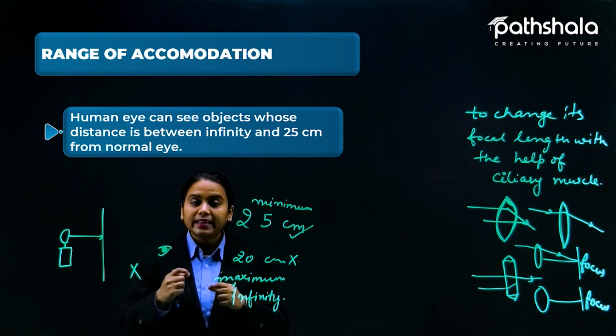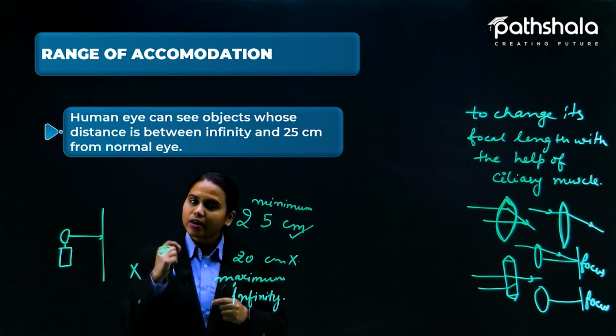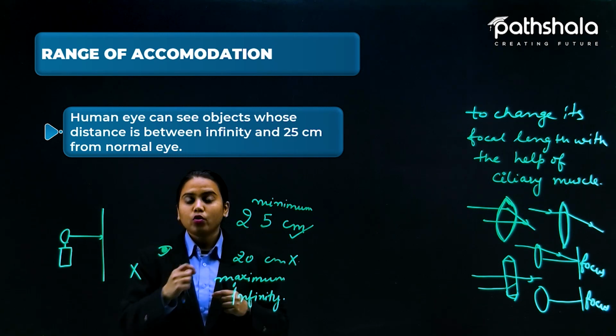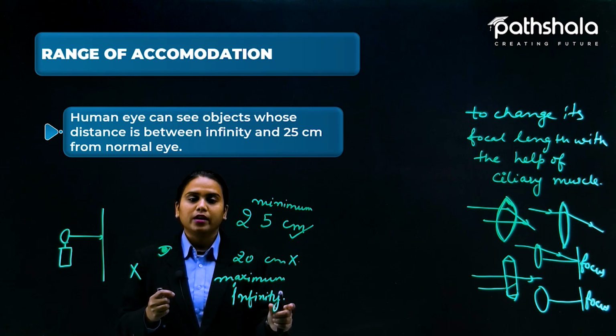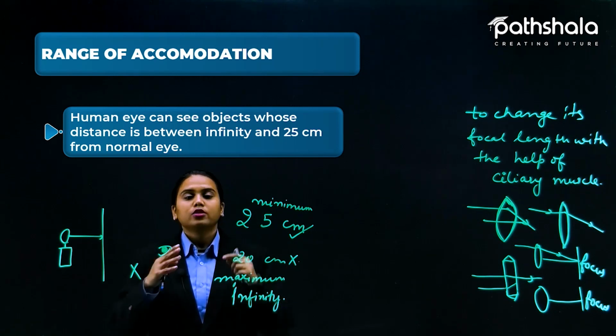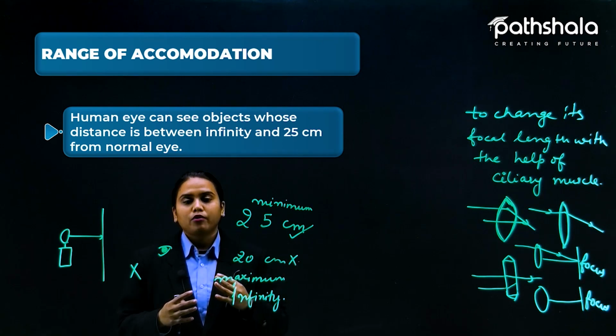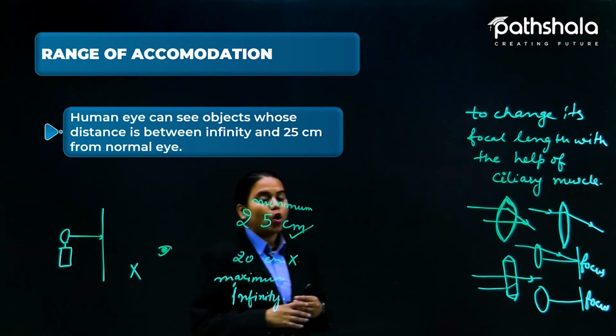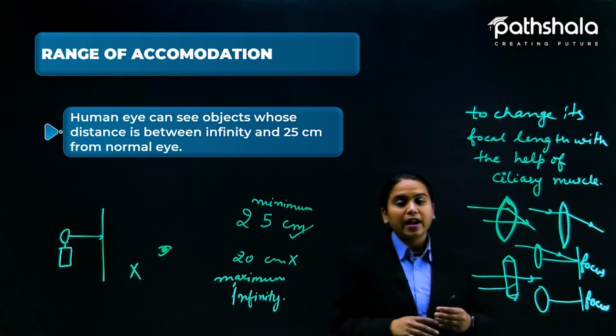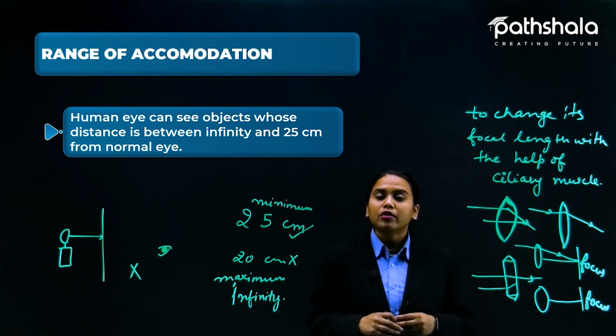Okay, so the main thing is receiving light. If you are receiving light, you are able to see till infinity. If you are not receiving light, you are not even able to see things 1 meter far from you. Okay, so that is the range of accommodation, and that is the power of accommodation.